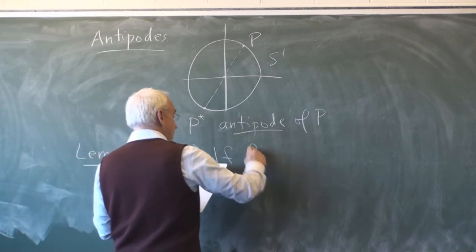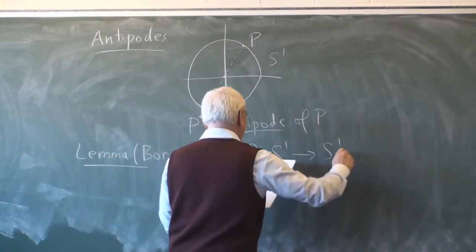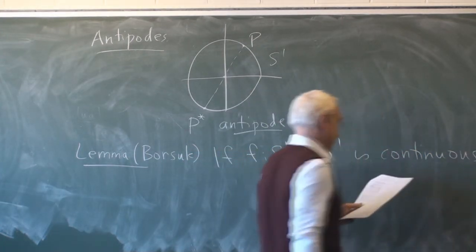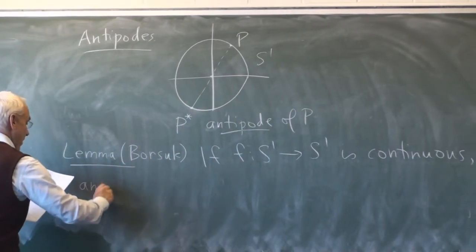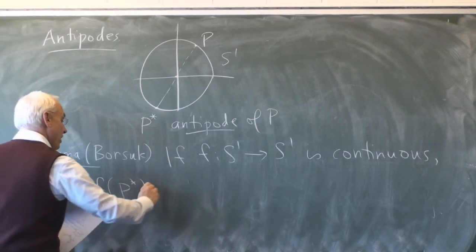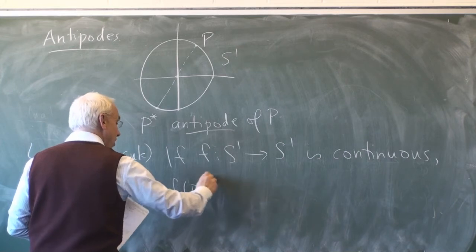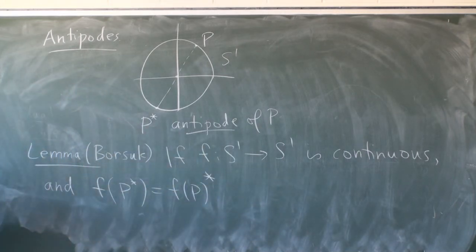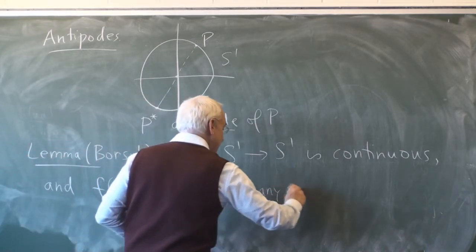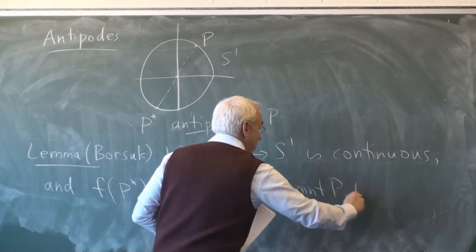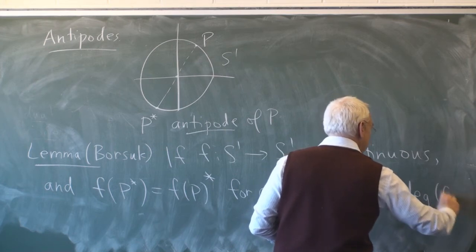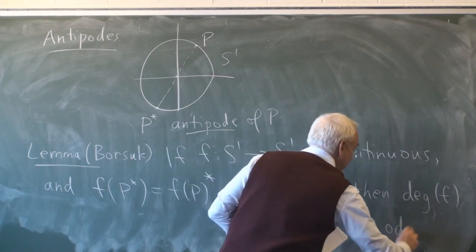If f from the circle to the circle is a continuous map, and it has the property that it preserves antipodes in the sense that f of p star equals f of p star, for any p, then the degree of f is odd.